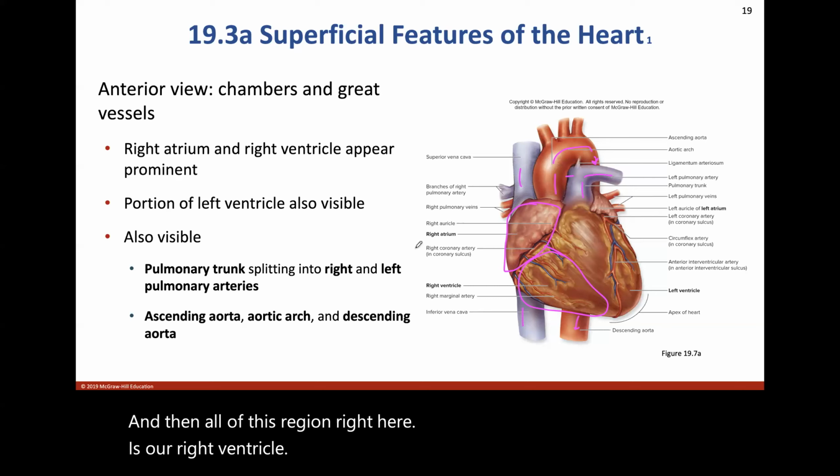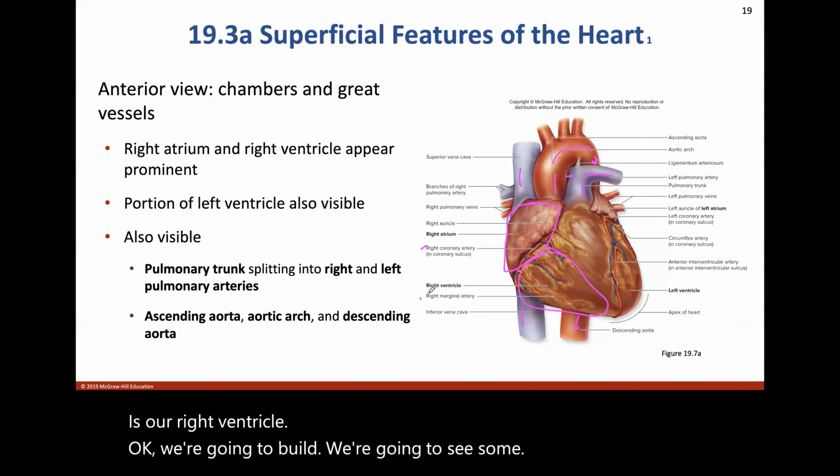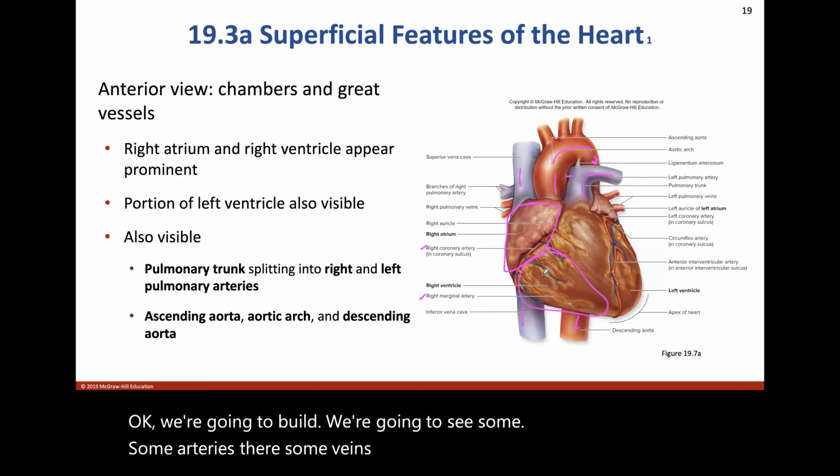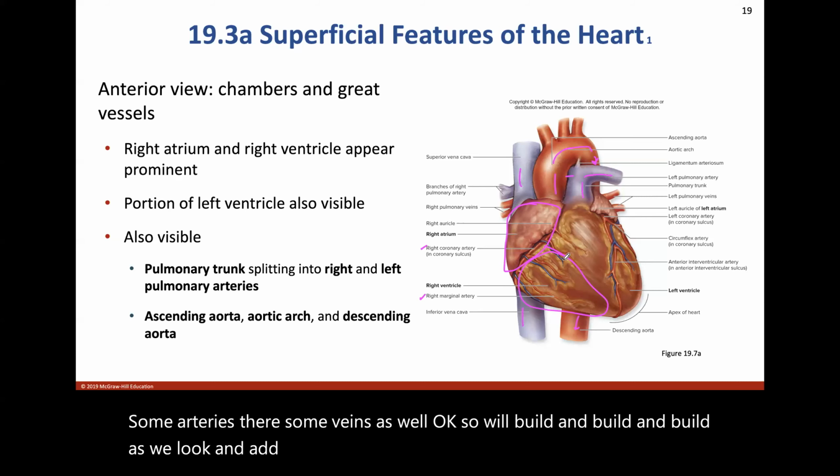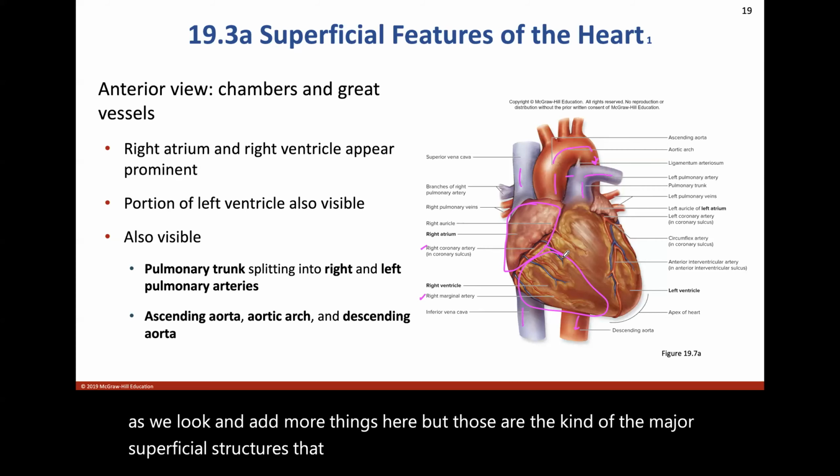We're going to see some arteries there, some veins as well. So we'll build and build as we add more things here. But those are the major superficial structures that we have here, and we mentioned those earlier.